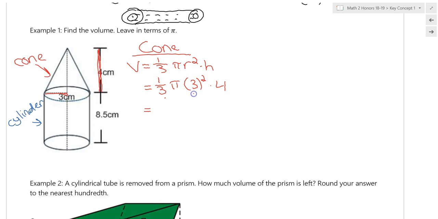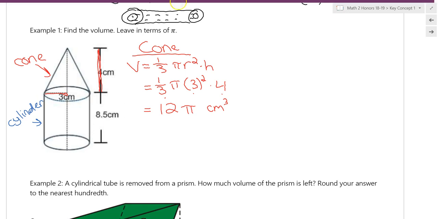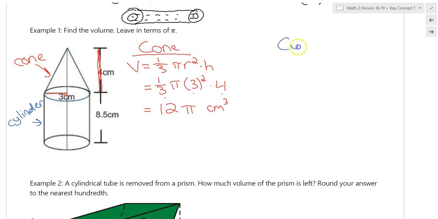I can type all this in my calculator. I would get, I believe, 12 pi. Double check that on your calculator. All right, 3 squared is 9 times 4 is 36, divided by 3 is 12. Yes, 12 pi. Okay, now I need to find the volume of my cylinder. Volume just equals pi r squared times height.